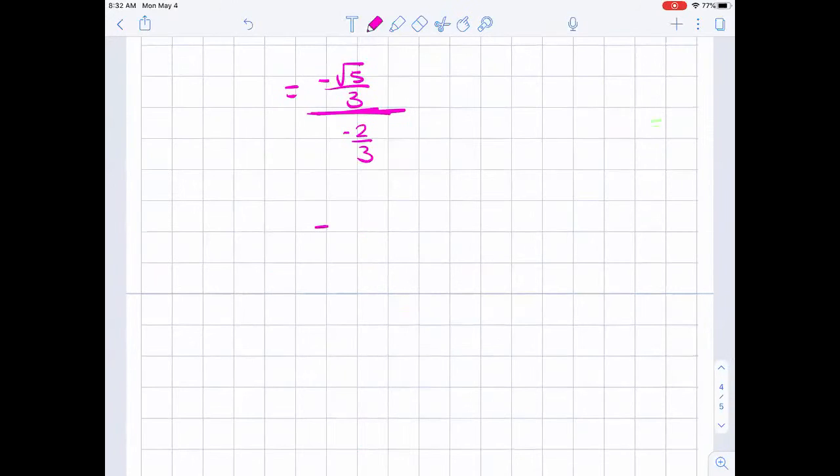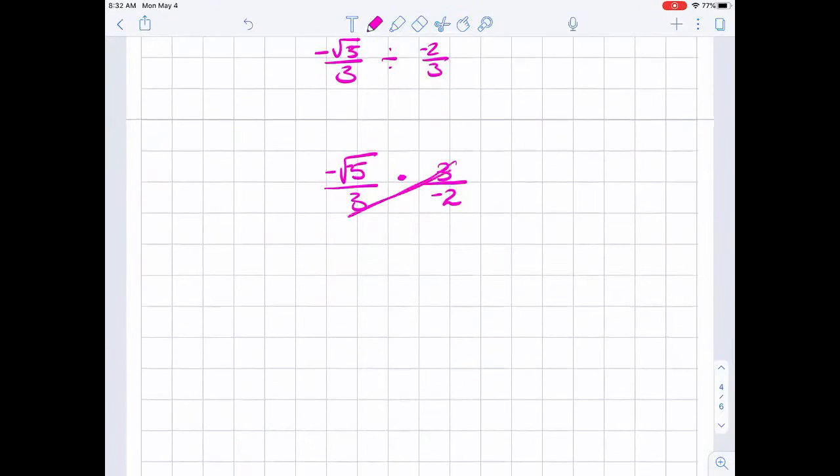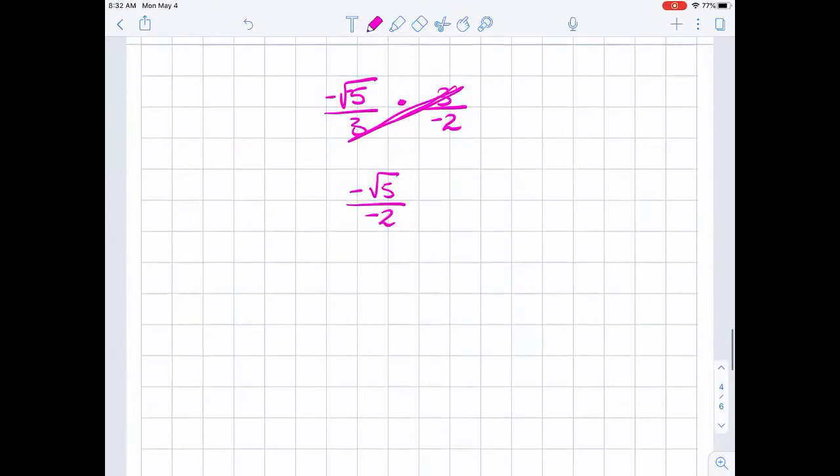So this becomes minus radical 5 over 3 divided by minus 2 over 3, which is minus radical 5 over 3 times 3 over minus 2. The 3's cancel, leaving minus radical 5 over minus 2, which is equal to root 5 over 2.